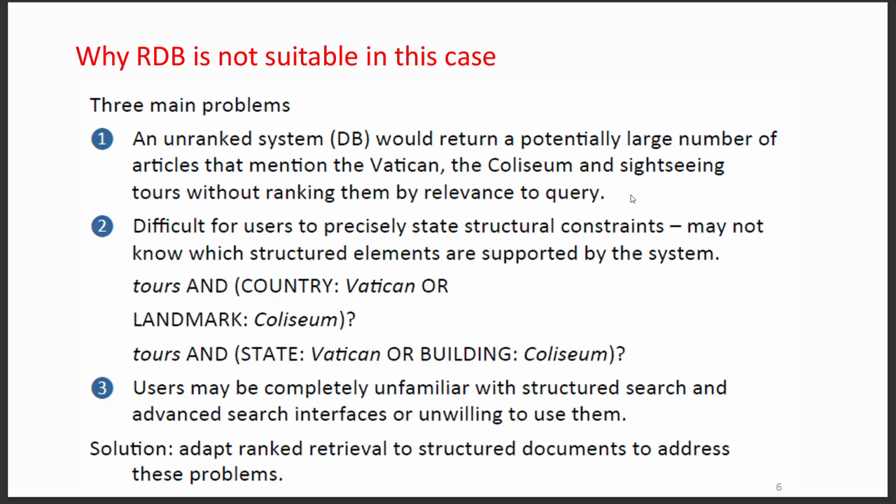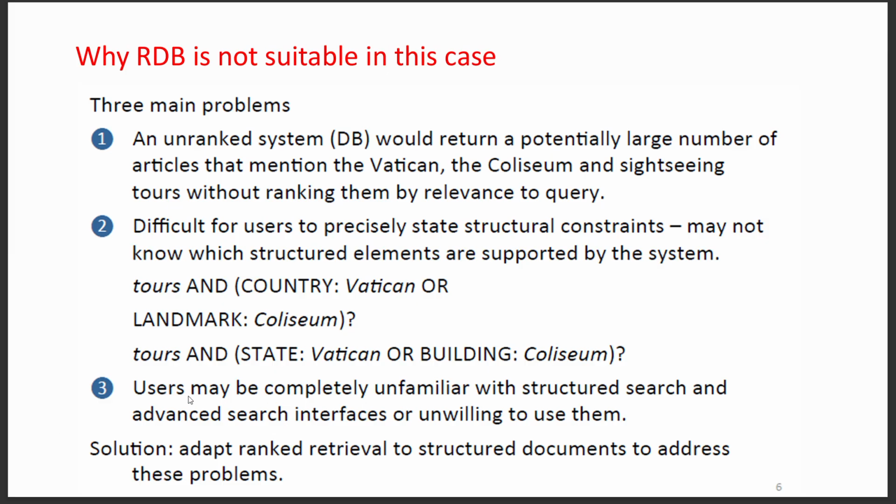Now, it is difficult for users to precisely state structural constraints. Sometimes users face difficulty giving constraints such that only that part is retrieved. This is the case with structured data, that is your RDB, relational databases. But that is not the case with unstructured data, where it is very convenient for users to give constraints. Also, users may be completely unfamiliar with structured search and advanced search interfaces.